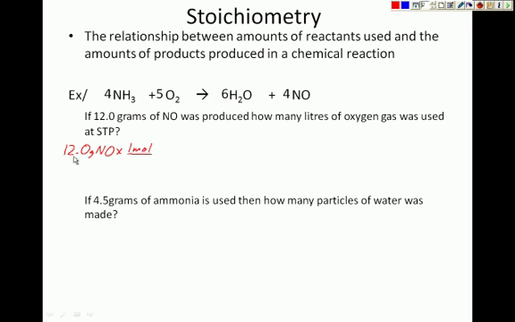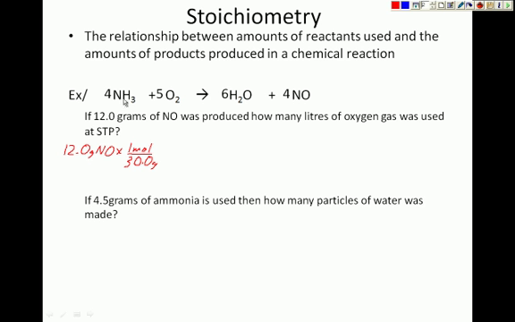So I'm going to change 12.0 grams of nitrogen monoxide into a number of moles, and the molar mass of nitrogen monoxide happens to be 16 plus 14, which equals 30.0 grams. Now I write it this way, 30.0 grams is underneath the 1 mole, so my grams will cancel and I'll just be left with moles of nitrogen monoxide.